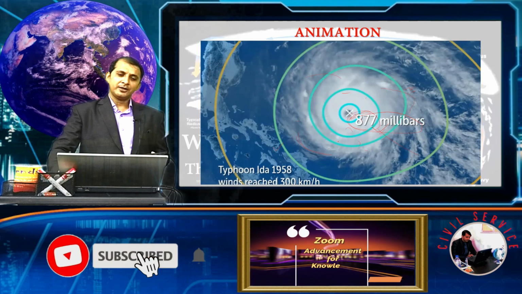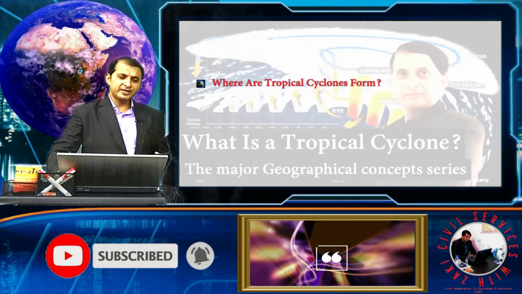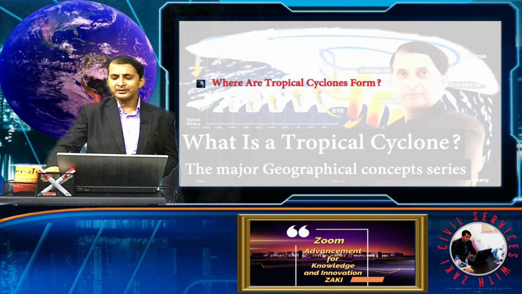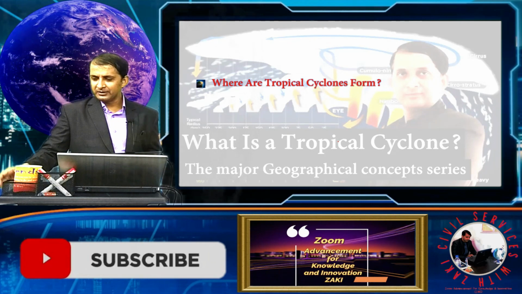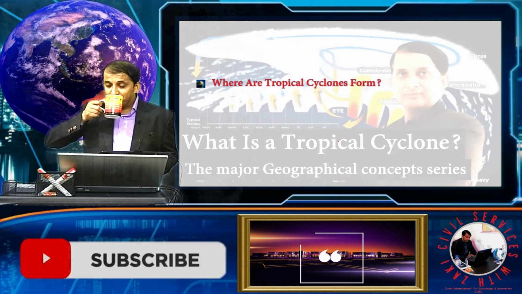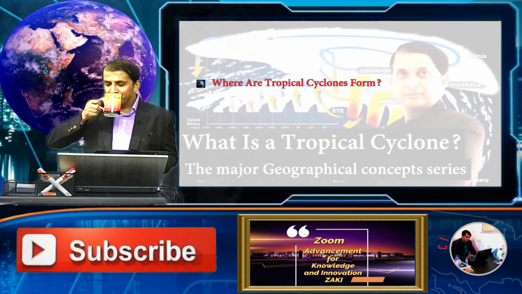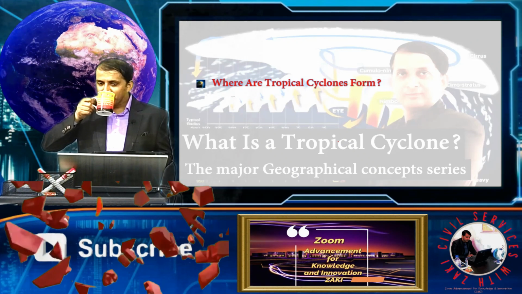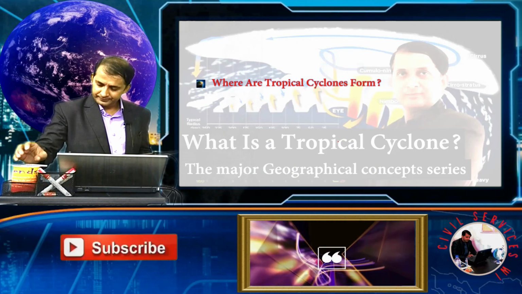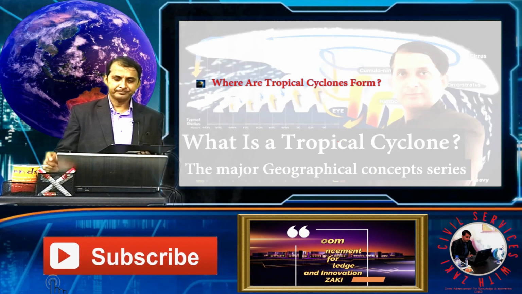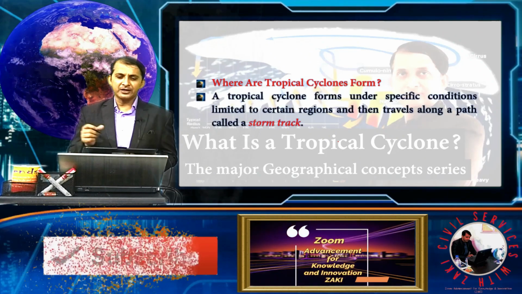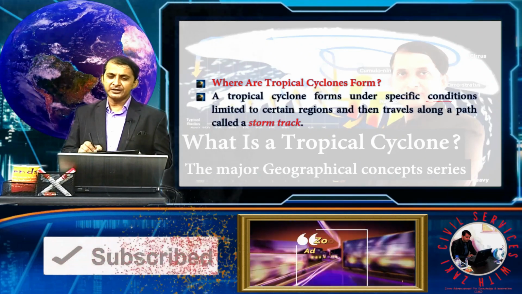So we move forward and see where tropical cyclones form and where these areas are. So, formation of the tropical cyclone. If you see here, the tropical cyclone forms under specific conditions.